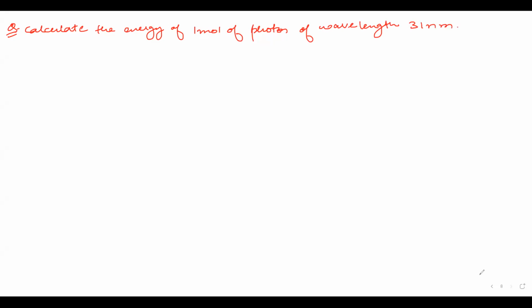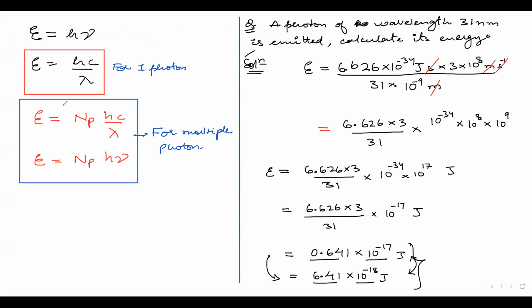Now Salman will tell me what formula do we have to use, the red box or the blue box. We have 1 mole of photons. Yes, Salman, a red box or blue box?